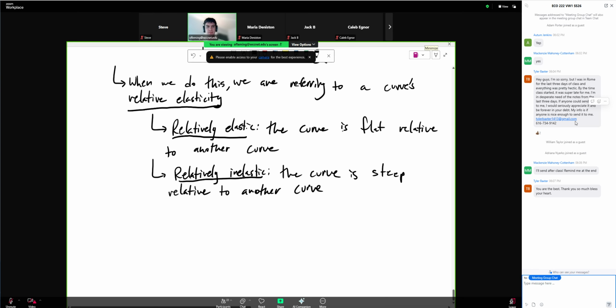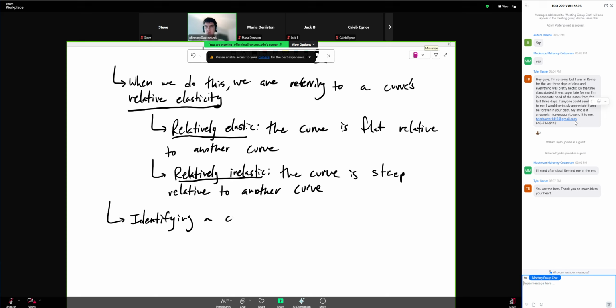So the whole point of this is that it allows us to comment on the overall price sensitivity of a demand curve relative to some other curve, while still recognizing that the curve has an elastic, unit elastic, and inelastic segment.